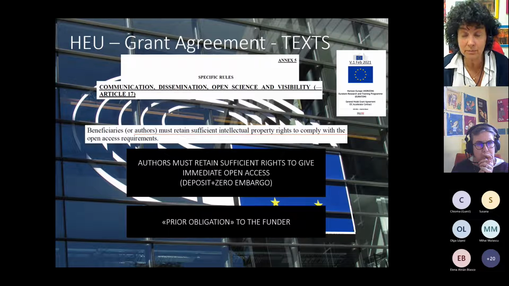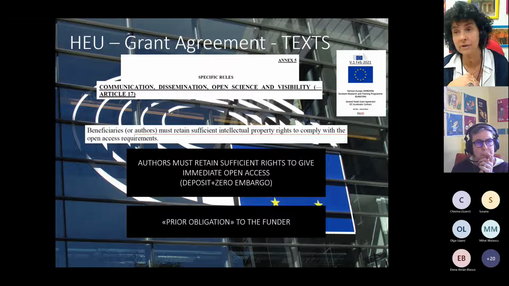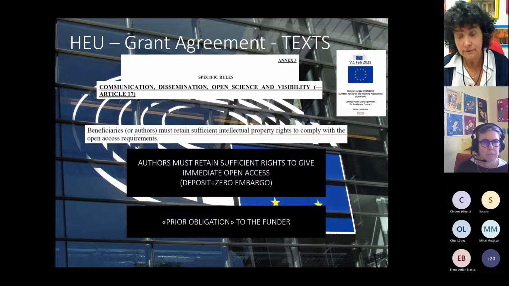And that's an important point to underline with publishers because they are misleading you and they are misguiding you, okay? They are saying, no, no way, it's not true that it's a prior obligation. You have to sign the copyright transfer agreement and that's it. It's not true.